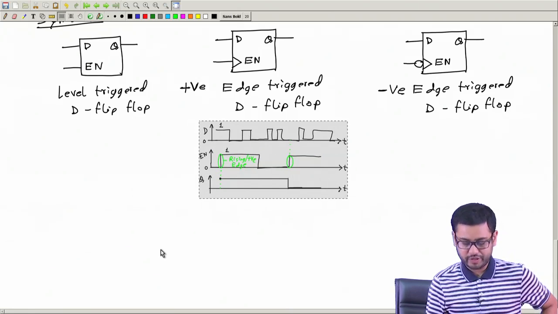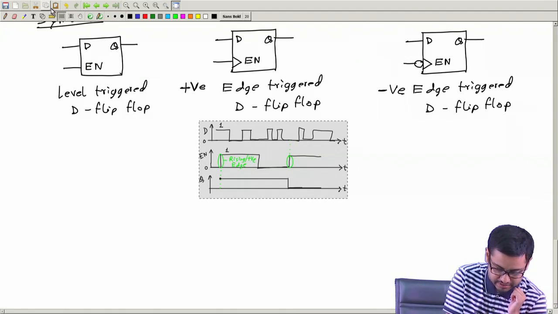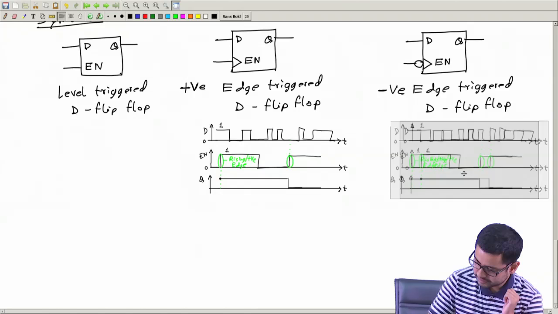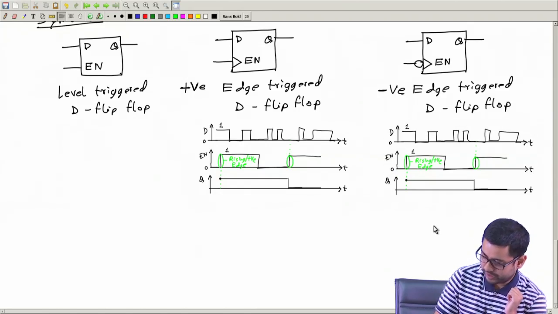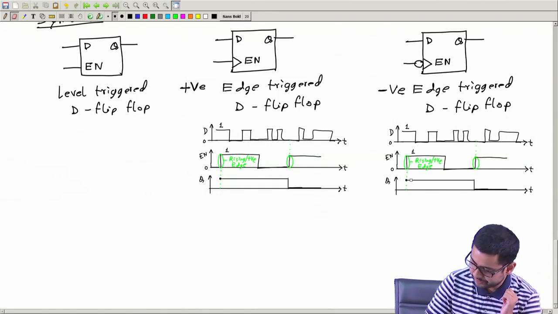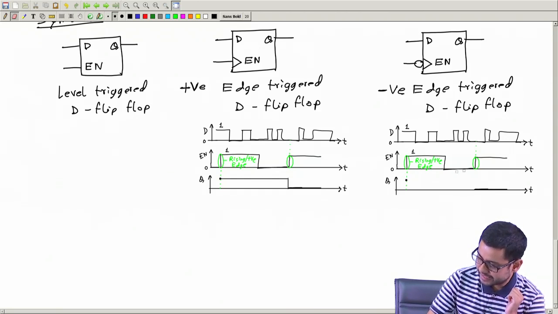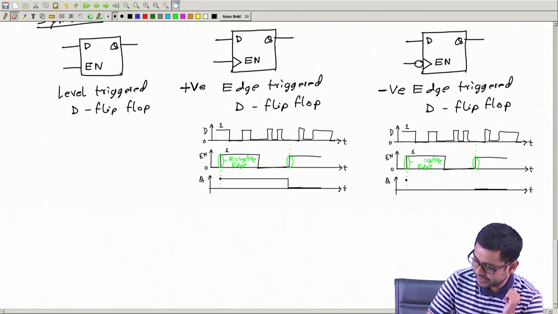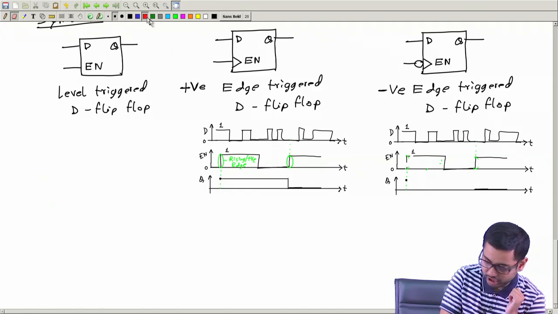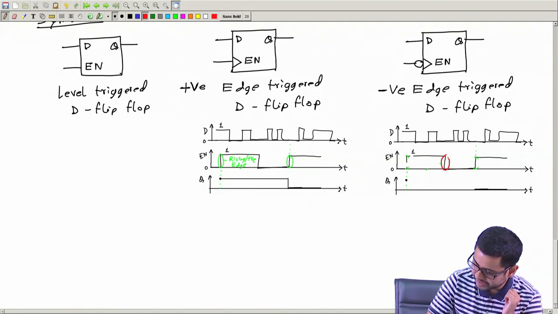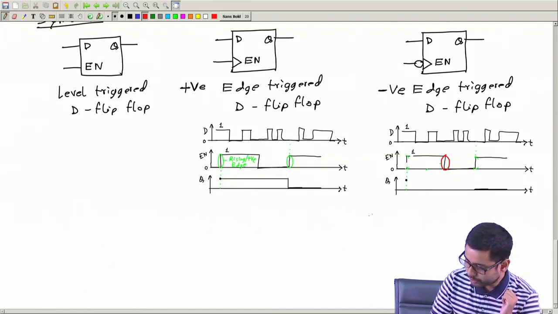what we have already seen. What happens in case of a negative edge triggered? The only difference is that the changes occur only during the negative edge, not here. So, the changes occur only during the negative edge. So, what will happen?